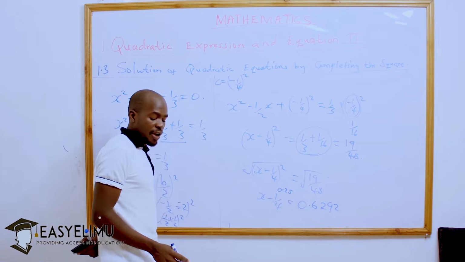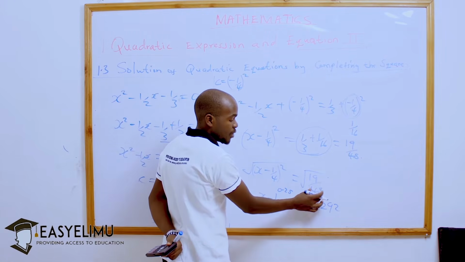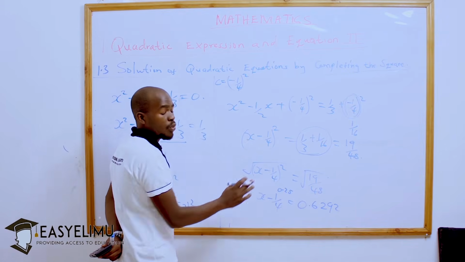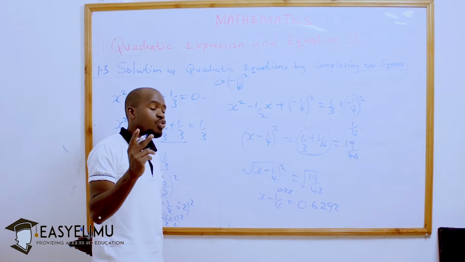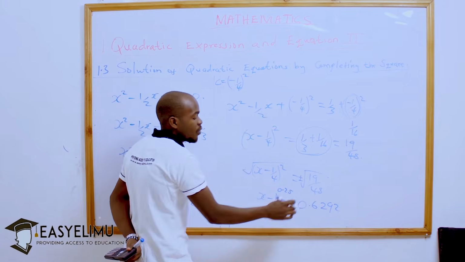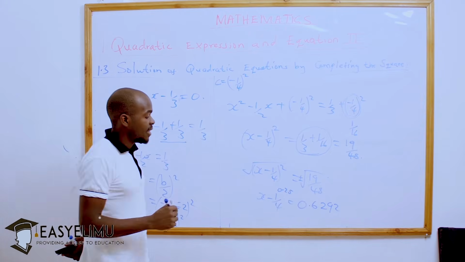So the value of x can be obtained. Since we found the square root of 19 over 48, and because it was x minus a quarter squared, we might find 2 values. One, we may consider this square root as positive and another one as negative.